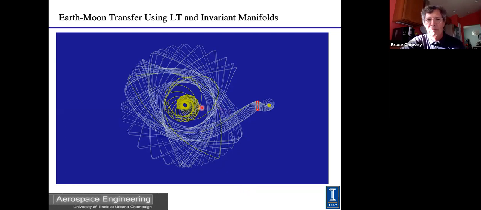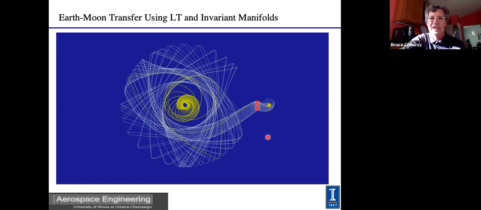So we used a method very similar to the one I just showed you to find a trajectory that takes the vehicle and enters a halo orbit around the interior Lagrange point, then departs that orbit and goes to the moon. What looks like the moon there, this yellow thing, that's actually a very, very close-knit spiral that goes down to a low lunar orbit. This is an extremely complicated problem.